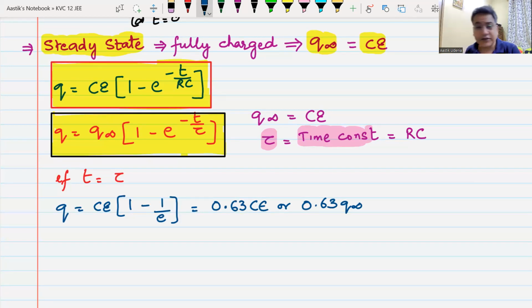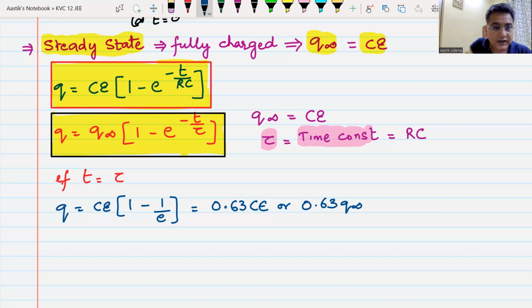So that is how you can define 1 tau or time constant. 1 time constant is the time taken by the charging circuit or the capacitor to get charged to 63% of its maximum value. Do we understand this?